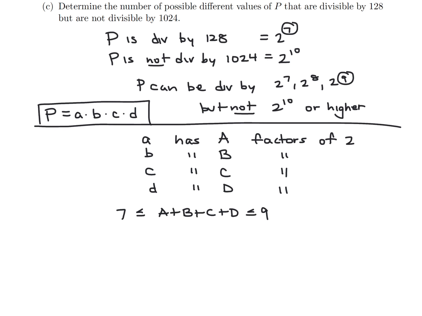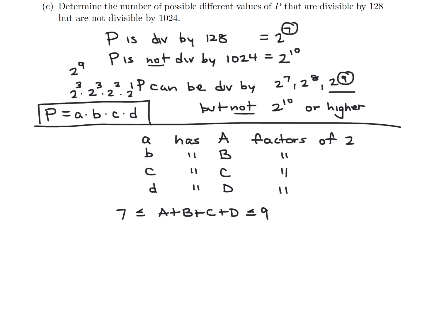So for example, let's say you had a as 2 to the power of 3, and b as 2 to the power of 3, and c as 2 to the power of 2, and d is 2 to the power of 1. If you multiply it all together, this is 2 to the power of 9, and that's acceptable.